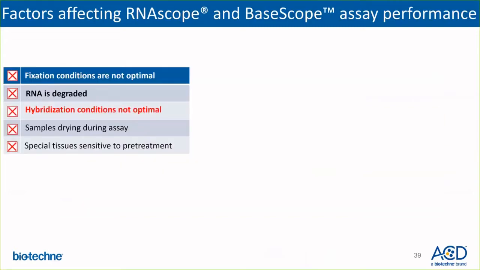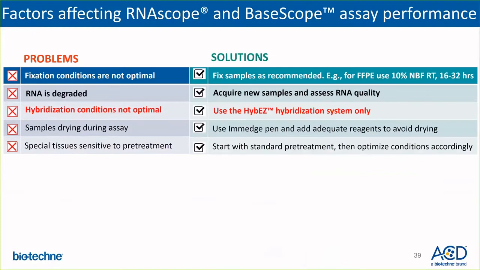When running the RNAscope or BaseScope assays, here are a few factors that could affect the outcome of your results. For example, fixation conditions are not optimal, or hybridization conditions are not optimal. These factors and issues can be addressed by the solutions listed here.